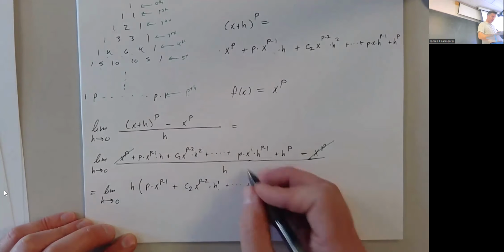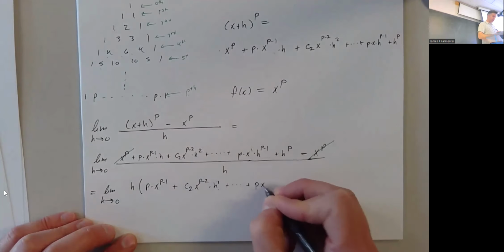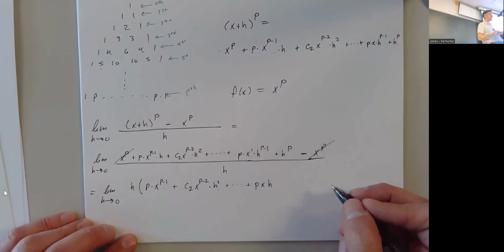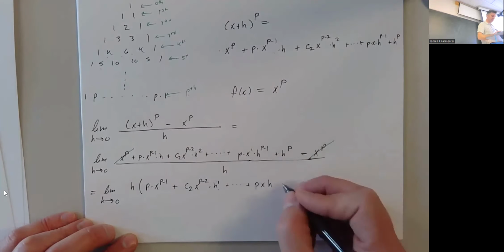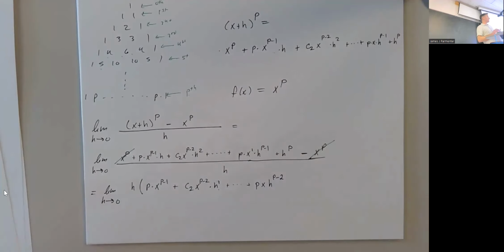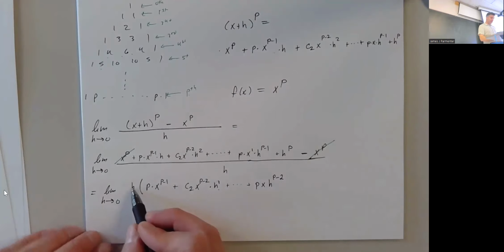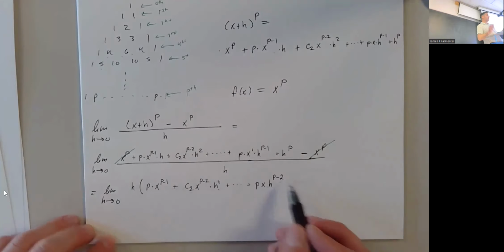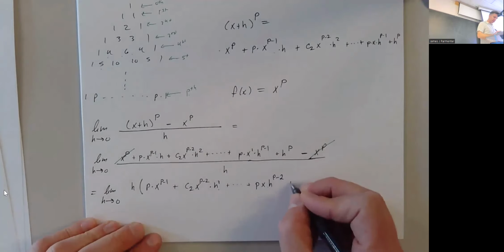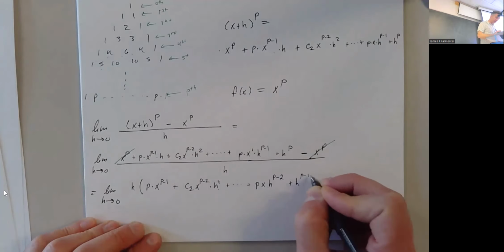And then finally, the last couple terms are going to be p times x to the first times h to the what? P minus 2. It's one less than it was. Again, if you multiply this h by h to the p minus 2, we add the powers, and 1 plus p minus 2 is p minus 1. And finally, this last one here is going to be h to the p minus 1.